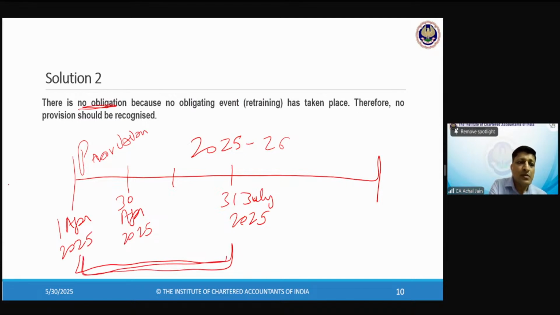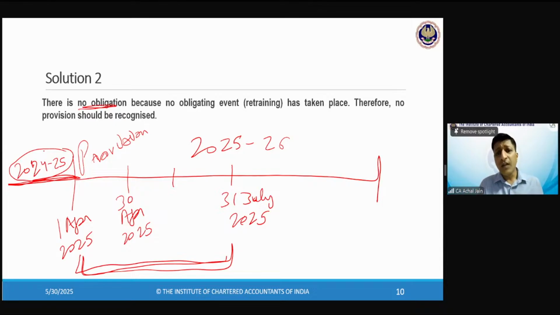If, let's suppose, in 24-25 the question was saying that the company has incurred the cost, but the company is not able to ascertain the exact amount, because the exact amount is under discussion with the vendor or under negotiation, then therein you could have estimated the amount and created a provision. Otherwise not. Okay, clear on this?